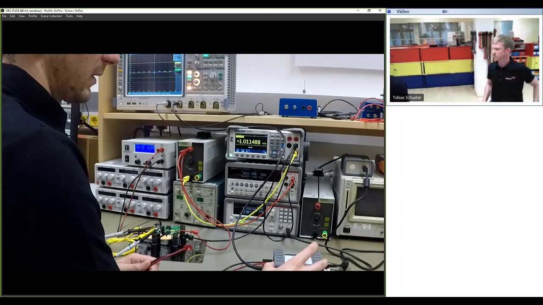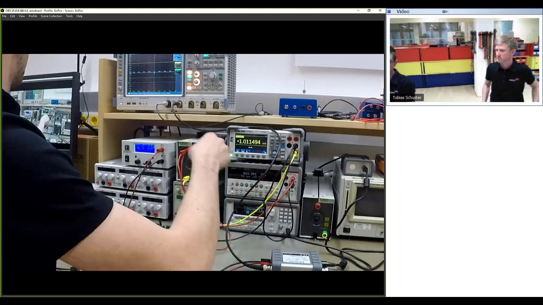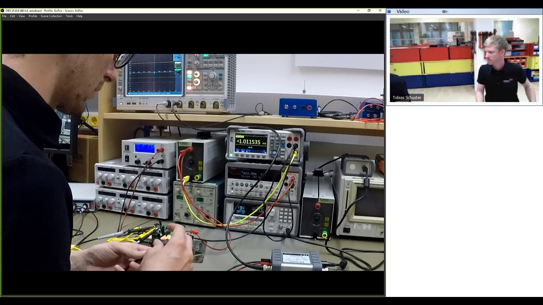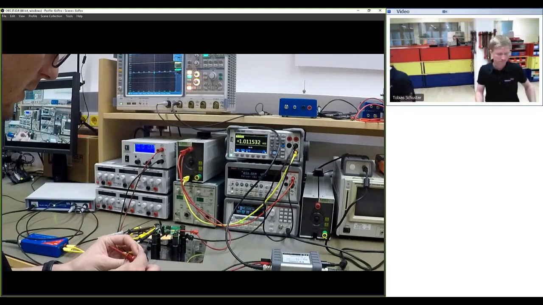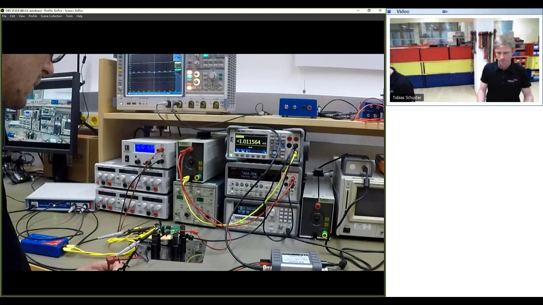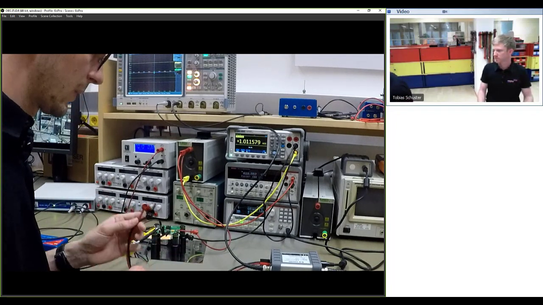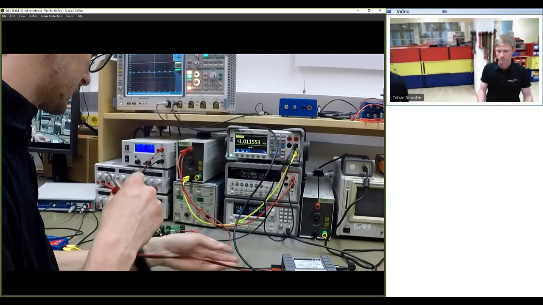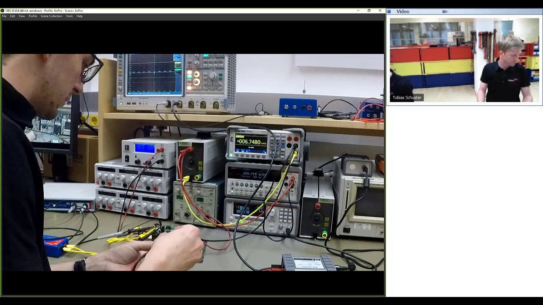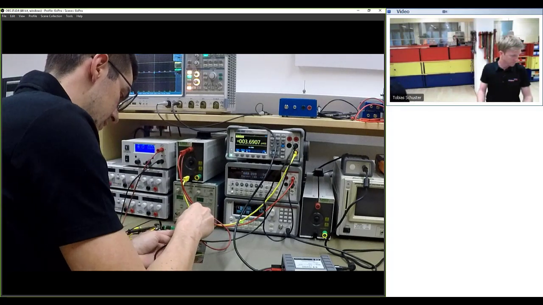Then we have a current monitor, which is directly connected to the oscilloscope so that we can see the step load as well, of the step from the waveform generator, which is drawn from the output of this SEPIC converter. And then the output pins are now connected, switch off the power supply, to the output of our device under test.